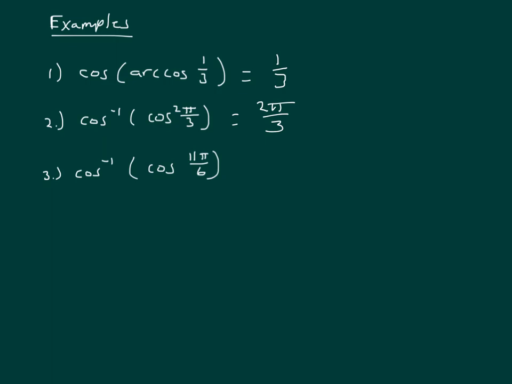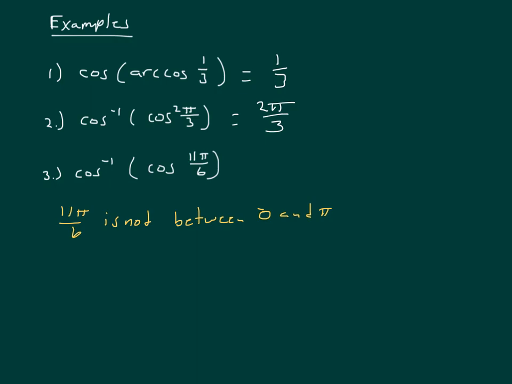But now we get to the inverse cosine of the cosine of 11 pi over 6. 11 pi over 6 is not between 0 and pi. So we're not just going to undo it and say 11 pi over 6.